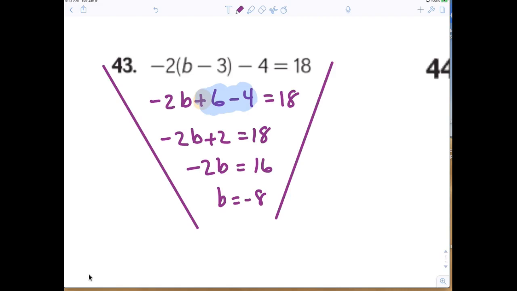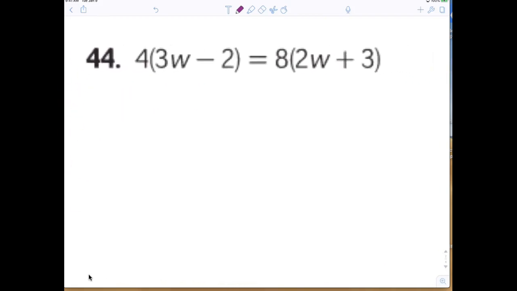All right, let's take a look at 44. Distributing twice here on 44. So here we go. 12w minus 8 equals 16w plus 24. Now, in my opinion, it's easier to move the 12w to the right side because I want to try to keep my variables what? Positive. So I'm going to put the 12w over here, right, Diesel?